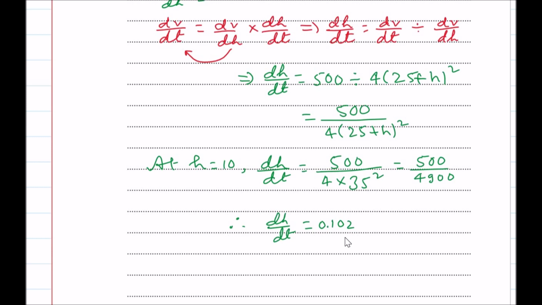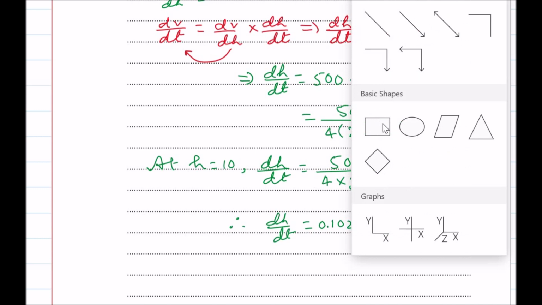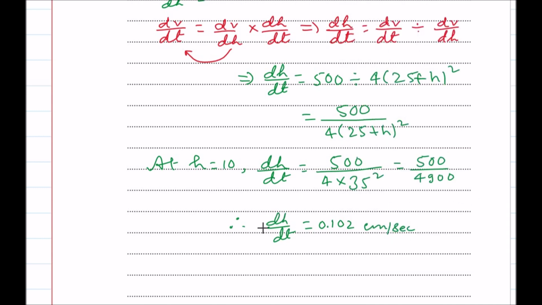You must write the unit. It is height and time, so height divided by time gives us centimeter per second. Okay, let's put in the box. This is the final answer.